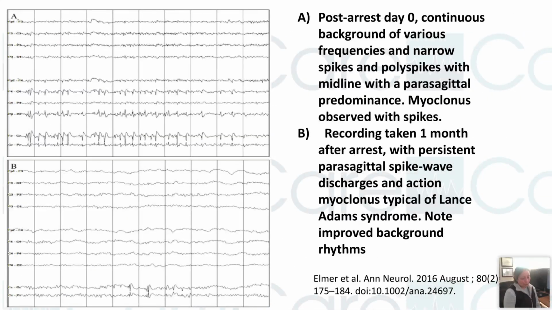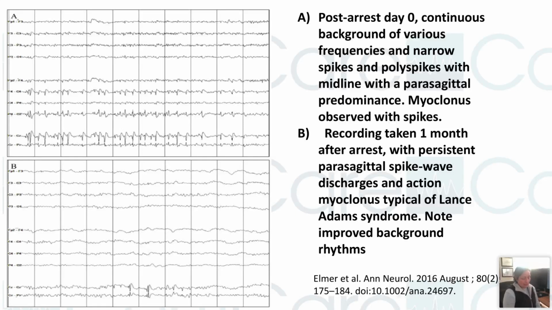This is chronic myoclonus. Another example here, continuous background. So here we do not have a suppressed or burst suppression pattern. Now, the background is continuous. We are seeing these spikes which are associated with myoclonus.